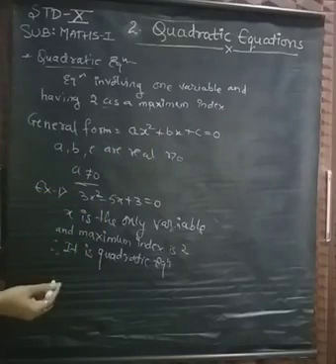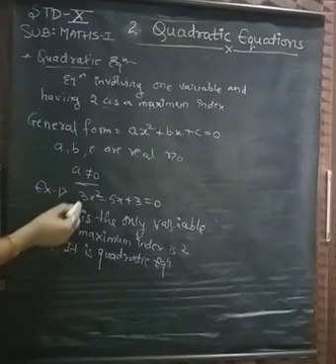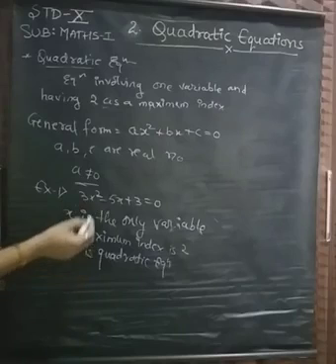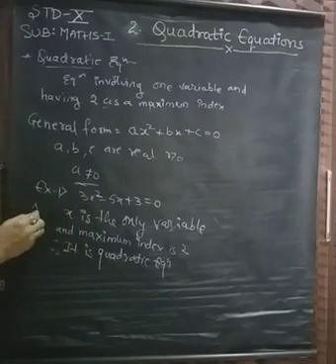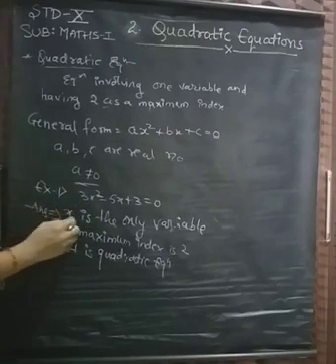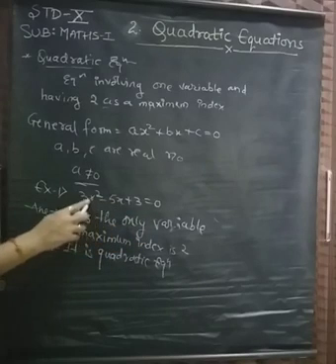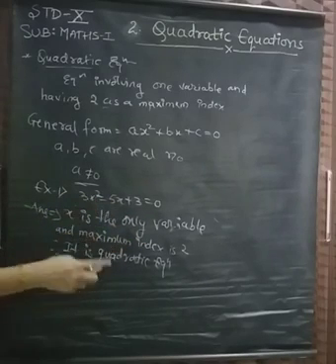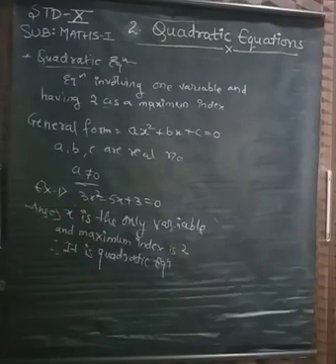And if they are giving you some questions and asking whether it is a quadratic equation or not, how are you going to write the answer? x is the only variable and the maximum index is 2. So therefore it is a quadratic equation. Okay. Now we'll see the next topic.